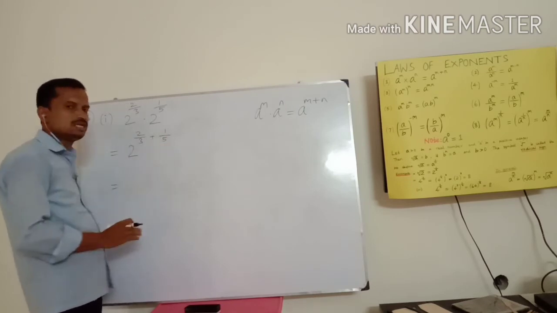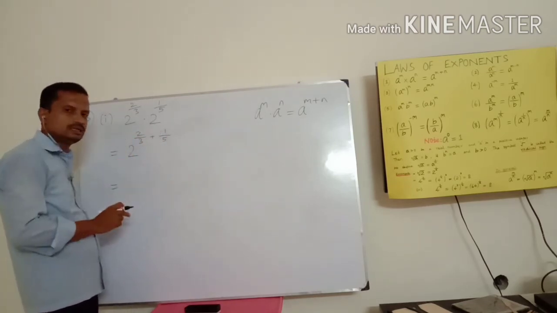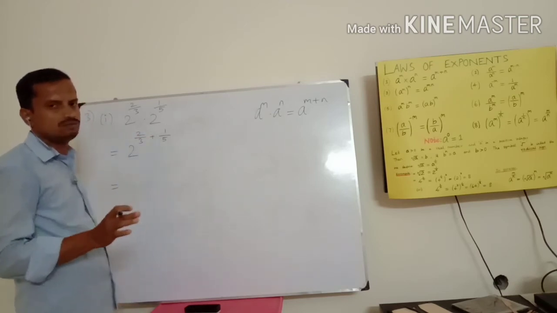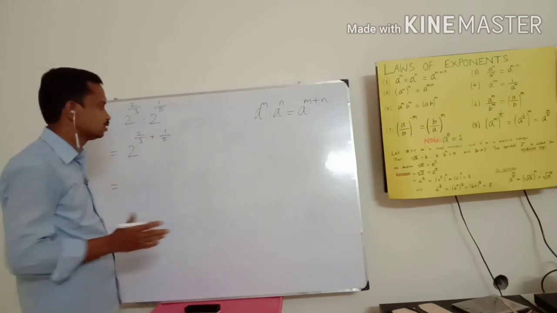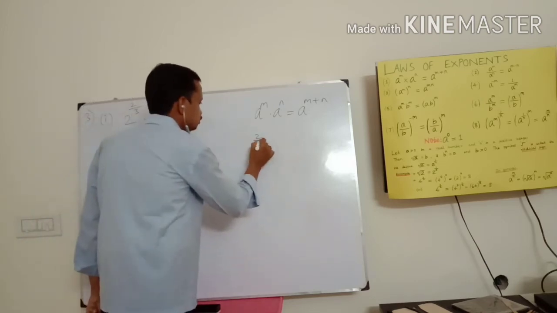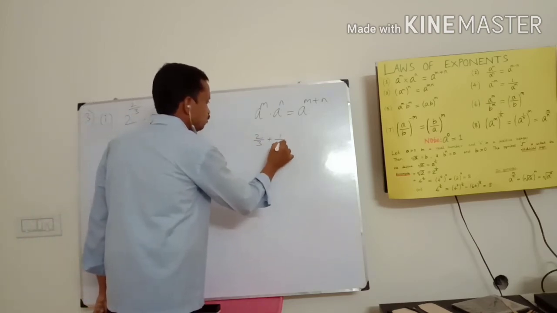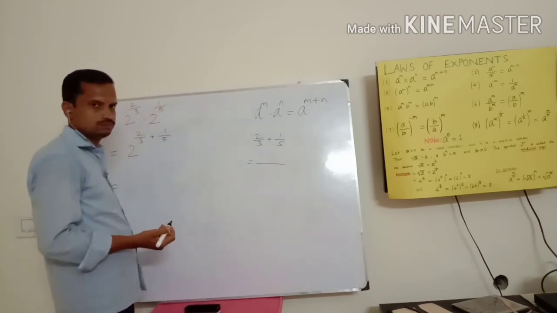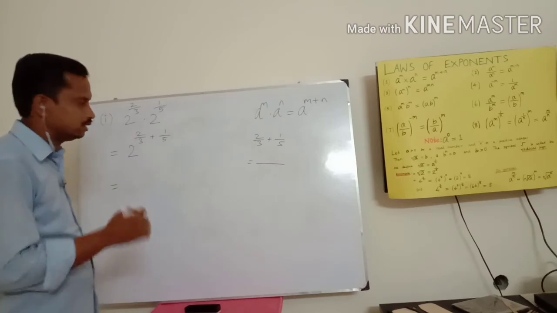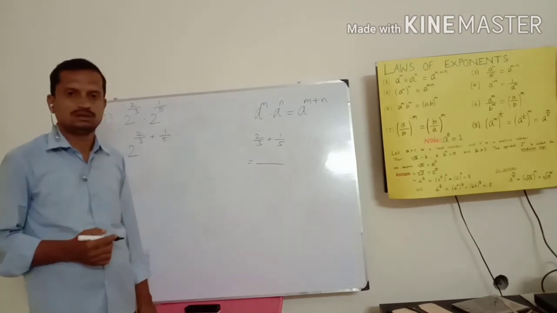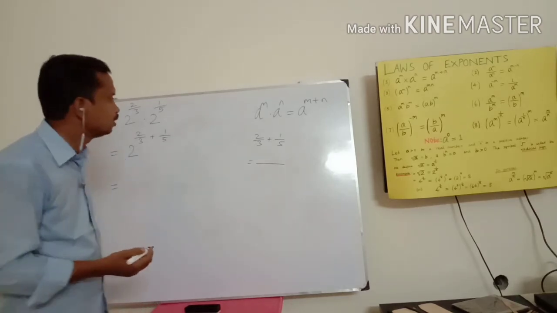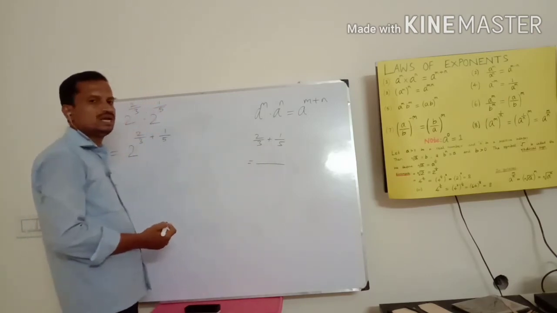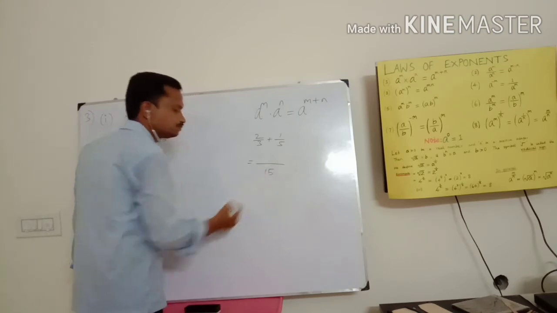So now you see in this exponent 2 by 3 plus 1 by 5 is nothing but addition of 2 fractions. So simply you can do here 2 by 3 plus 1 by 5. So how will you do? By taking LCM. So this is all you read in the previous classes 5, 6 and all. So addition of fractions. So we have to take LCM for 3 and 5. What is that? 15.